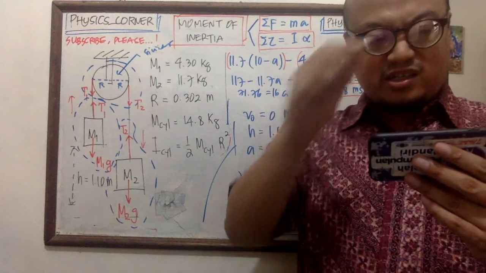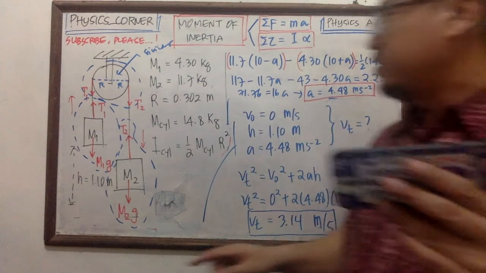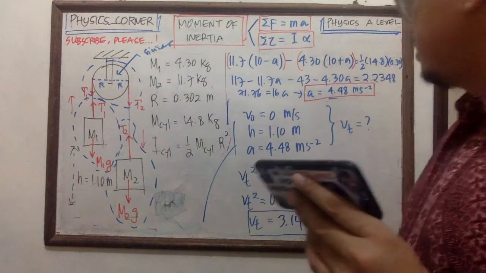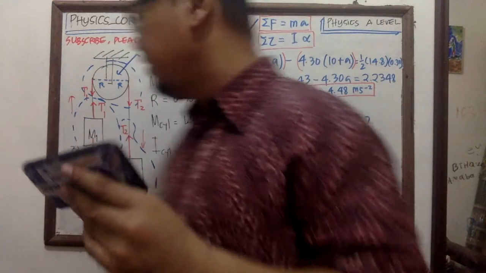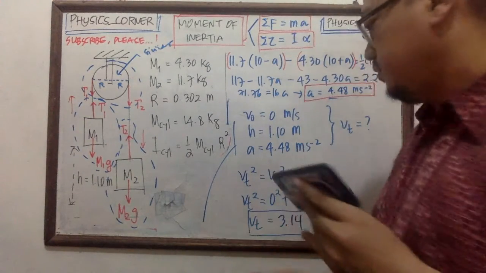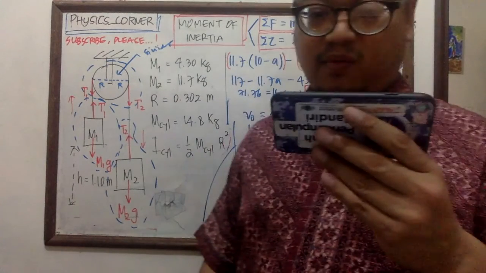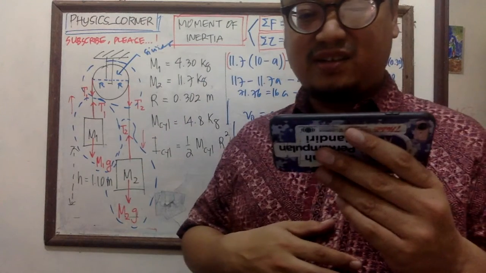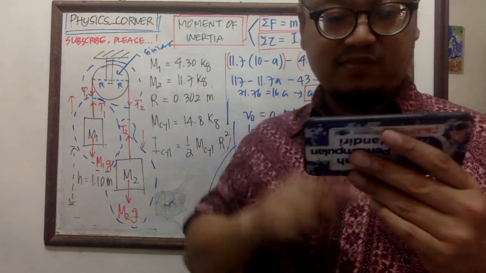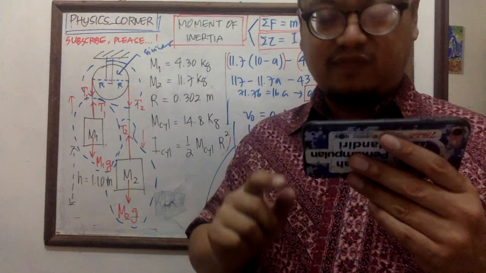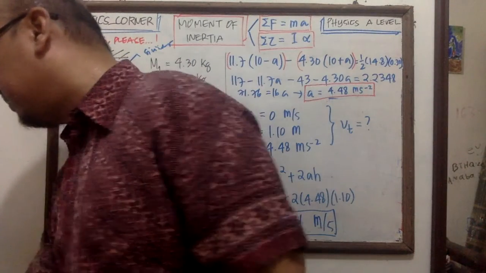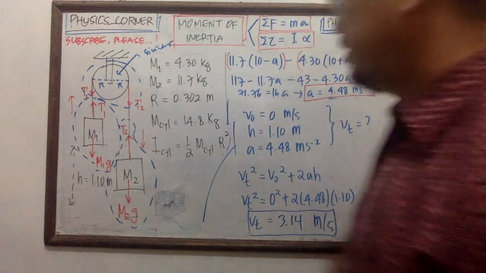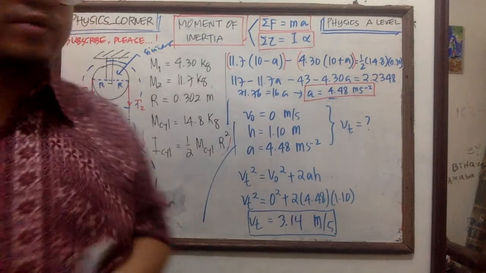Yes, question B is, once gravity has done work, what percentage of the total kinetic energy of the system is the rotational kinetic energy of the pulley? Okay, we need the total kinetic energy actually. I'll erase this drawing first.